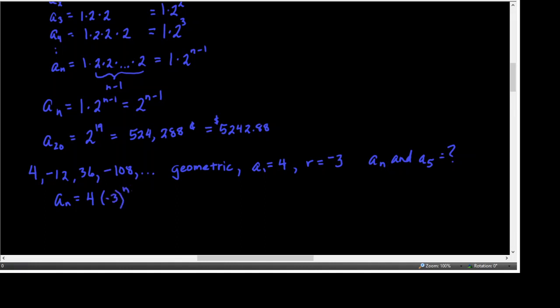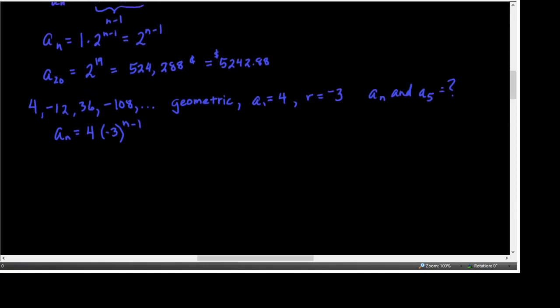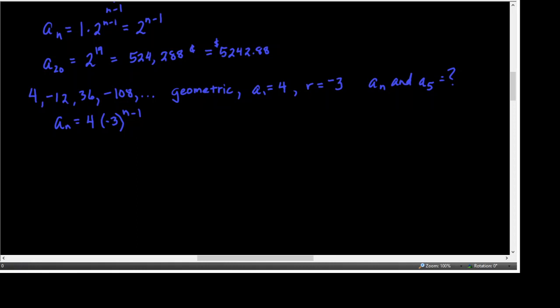To the n minus 1. Okay, so that's the formula a sub n. So a sub 5, using the formula, is 4 times negative 3 to the 5 minus 1, which is 4. So negative 3 to the 4th is positive 81, times 4 is 324.